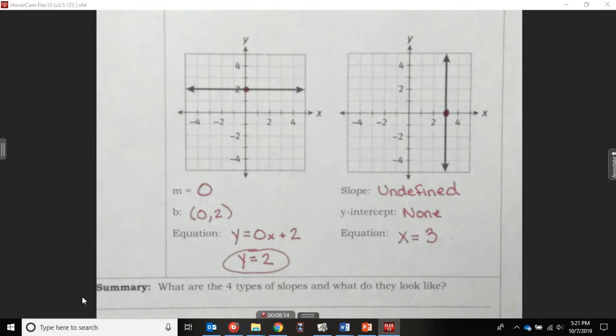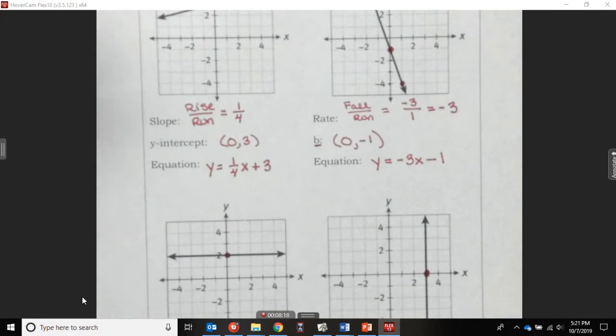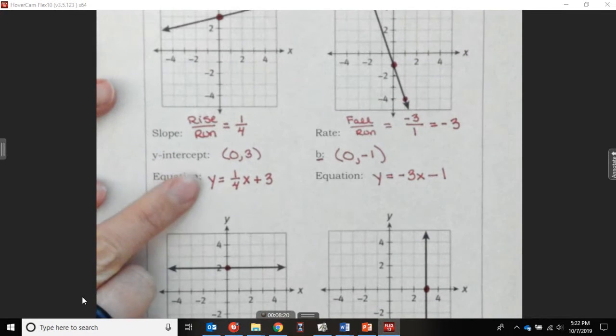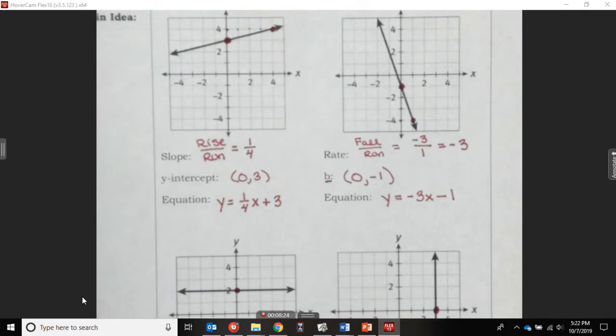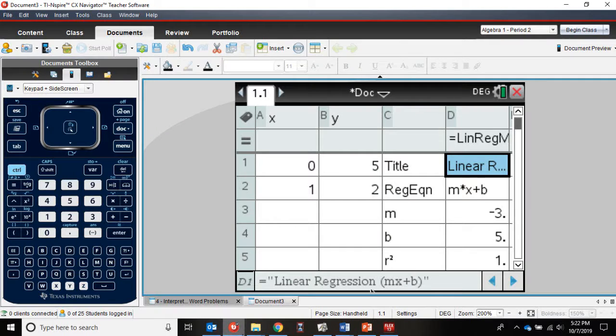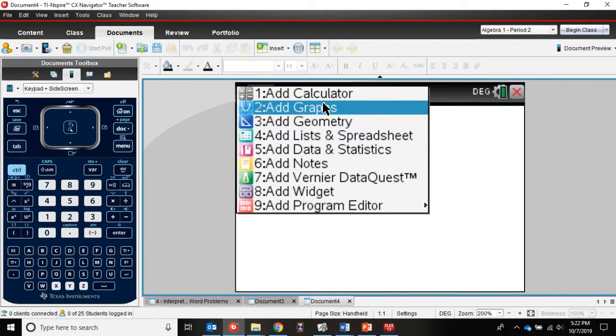Okay, so a couple things. One is I'm going to go to a graph page and I'm going to show you that you could just type this in to make sure that you have the right equation. So I'm going to go to my calculator, and if I go a little bit too fast, let me know. So I'm on the calculator. I'm going to go to a graph page.